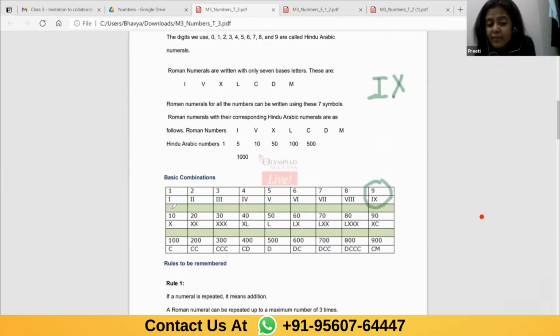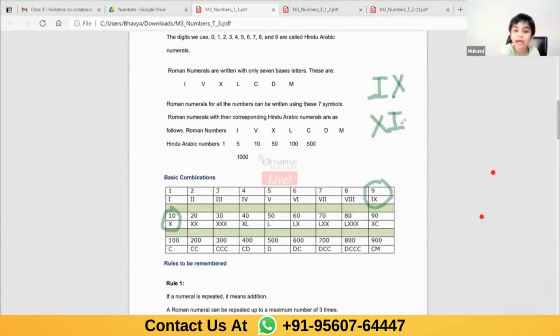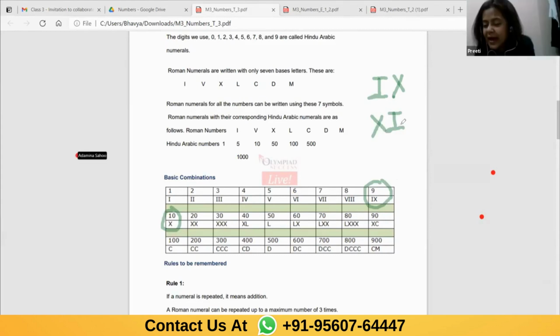Then I know symbol of 10 is X. How to make symbol of 11? I will have to write I on the right hand side of X. X and I, XI. Then to make it 12, I can put one more I. Then to make it 13, I can put one more I.